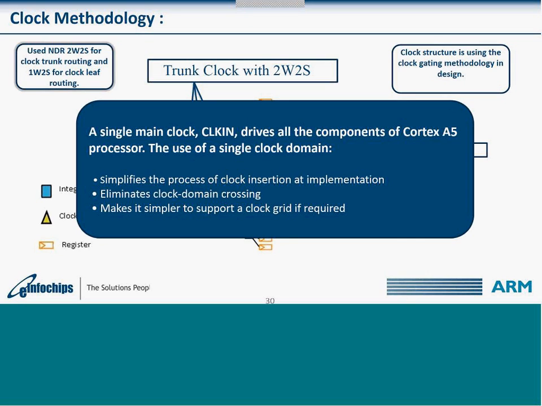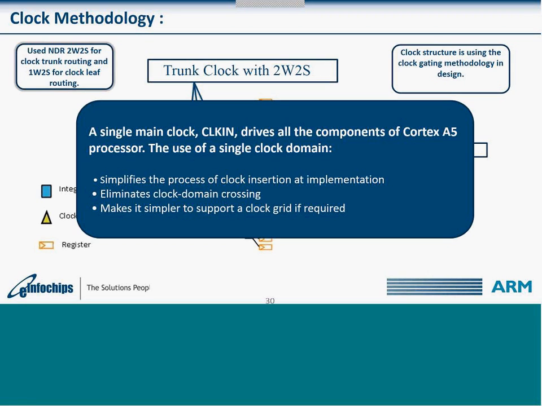Using Cortex A5, so Cortex A5 has one inbuilt facility, that it has a single clock domain. So this single clock domain helps to simplify the process of clock insertion at the implementation. And if you have clock domain crossing, it would be really challenging to build the clock tree.